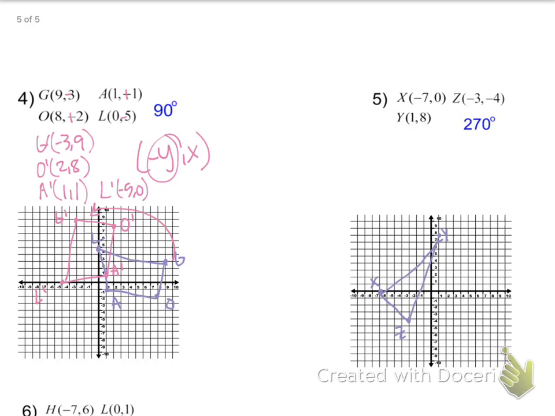Okay, go ahead and check your original. This one is 270, so y comma negative x. So the negatives attached to my x, so I'm flipping all of my x values, and then I'm going to go through and flip where they are in relation to each other. And this is the last one I'm going to do. Okay, so now I flip where they are in relation to each other.